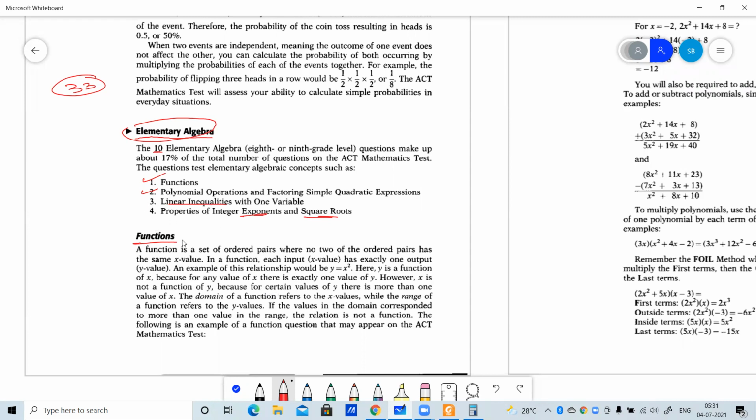So functions. In order to understand functions, let's take an example of a juicer, a machine which converts different types of fruits into juices. For example, you want to make a mango juice, which is my favorite. So you'll put the mango pulp in this juicer.